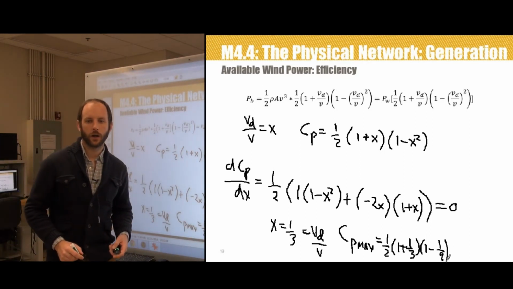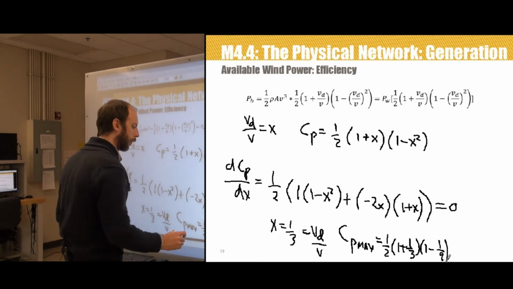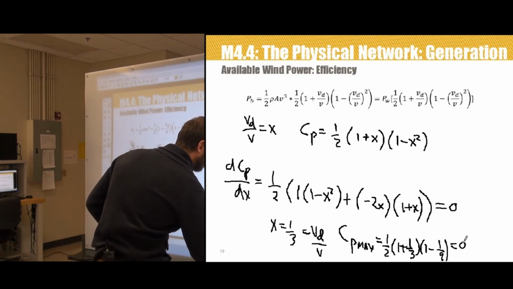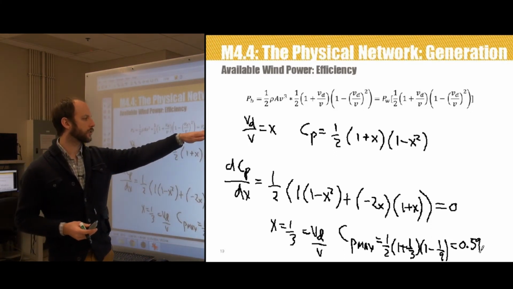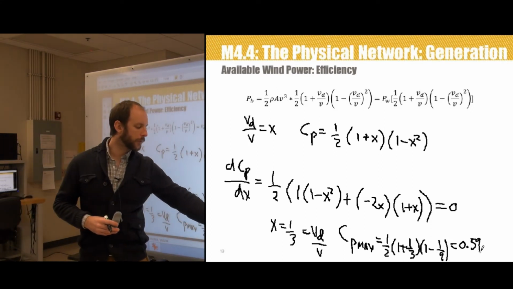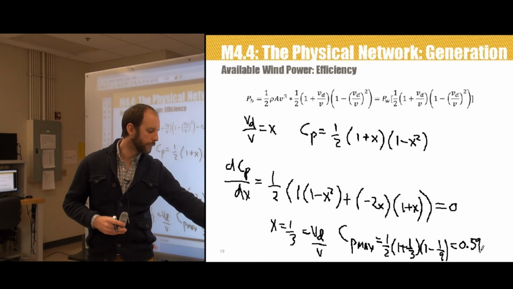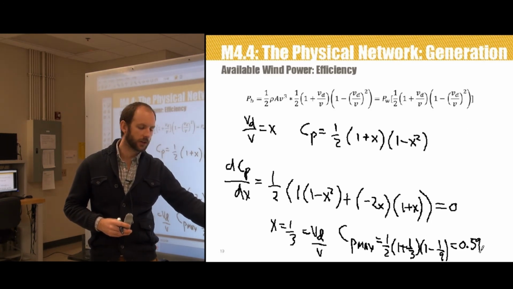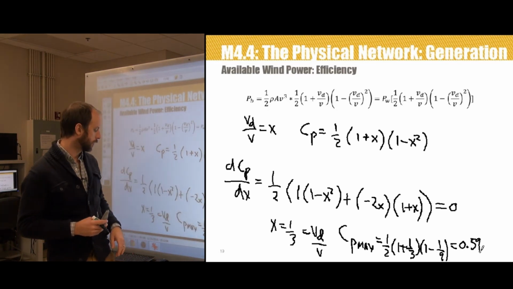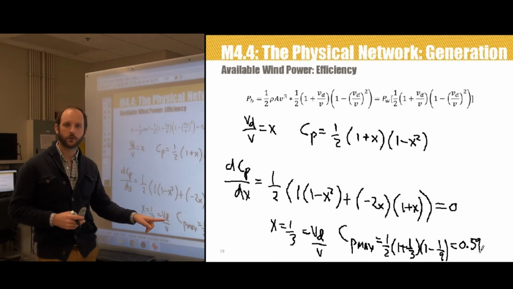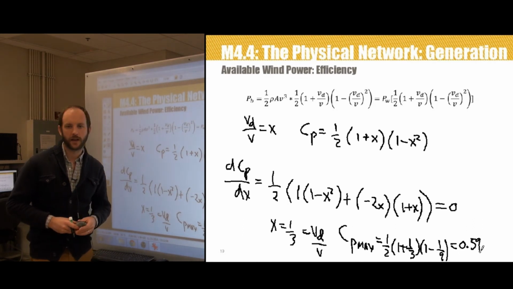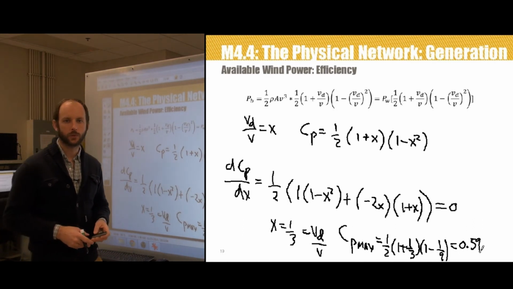That gives me about 0.59, or roughly 60%. So we find that due to this relationship, the maximum efficiency of a perfect wind tower is limited to about 60%, and that is achieved when I design my tower such that the downstream wind speed is 1/3 of that of the upstream wind speed.